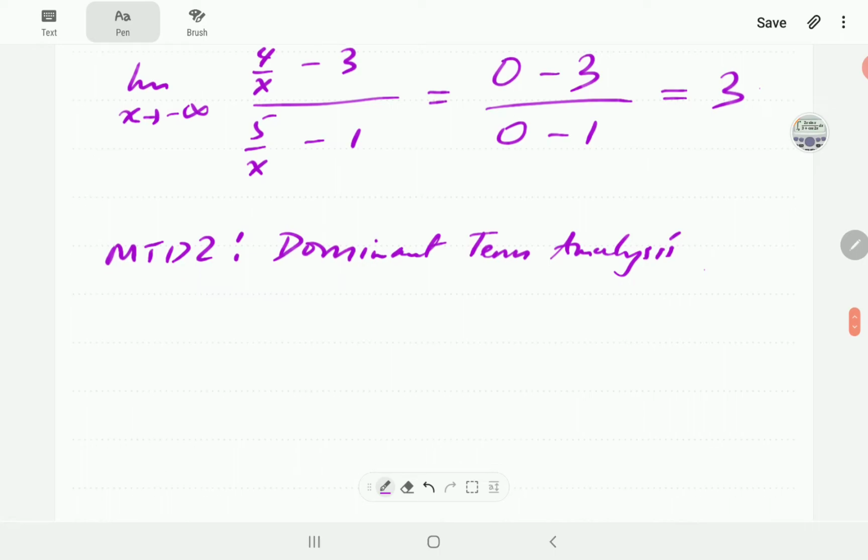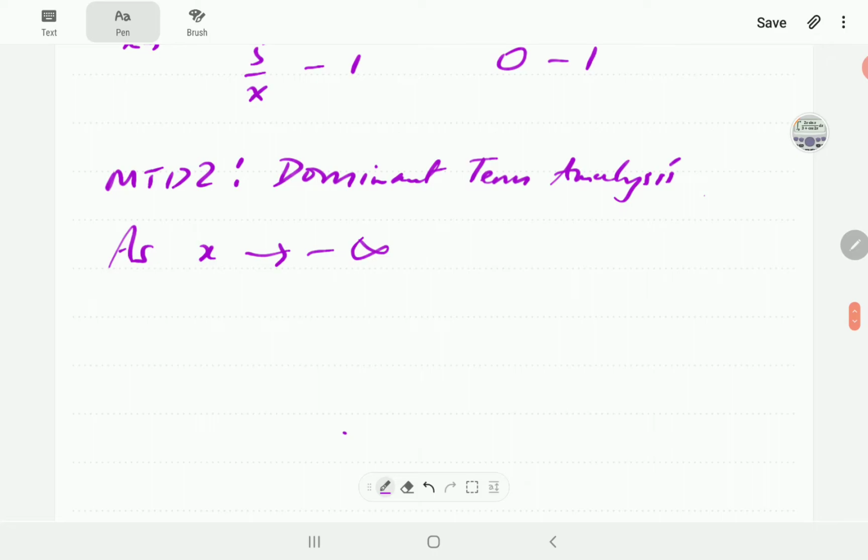In this case, we're going to say as x becomes big and negative, or let's just say as x approaches negative infinity, the rational function that we are investigating is this one.